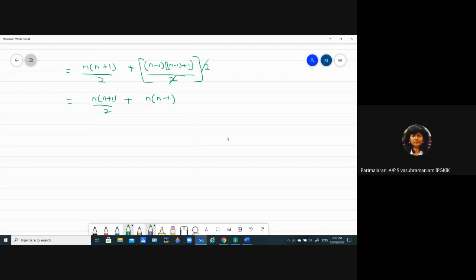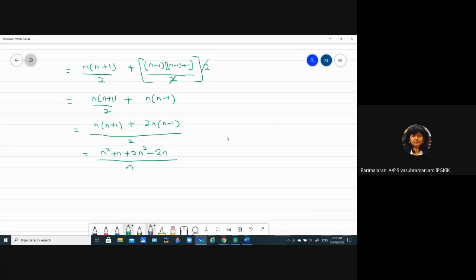Okay, can we simplify this even more? What do we get here? This is n times n plus 1 plus 2n times n minus 1 over 2, correct? So this is n squared plus n plus 2n squared minus 2n over 2.